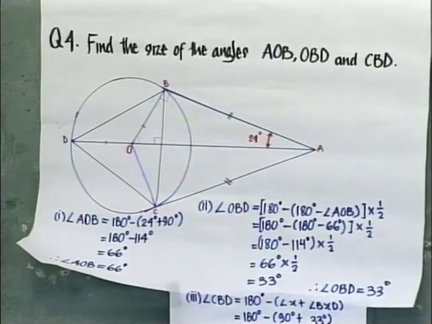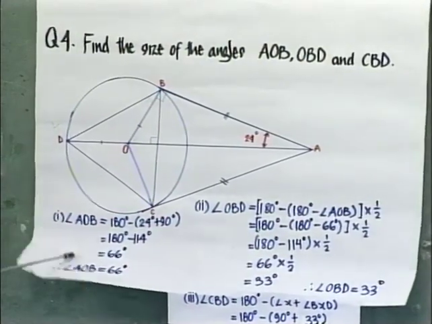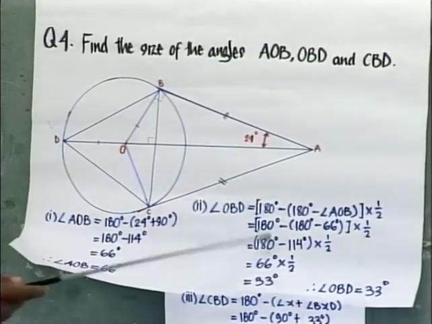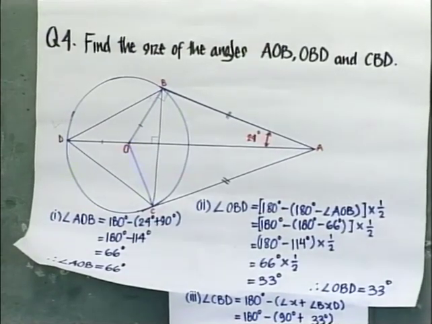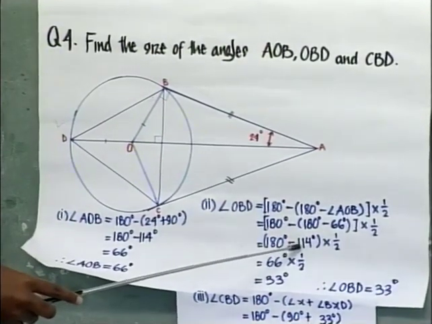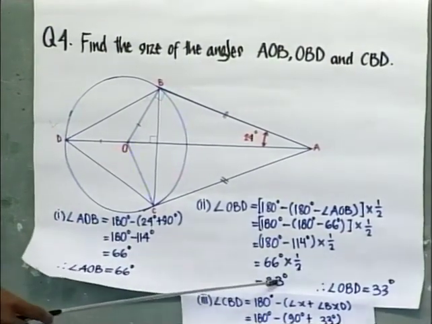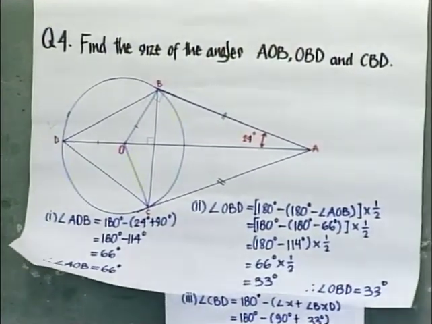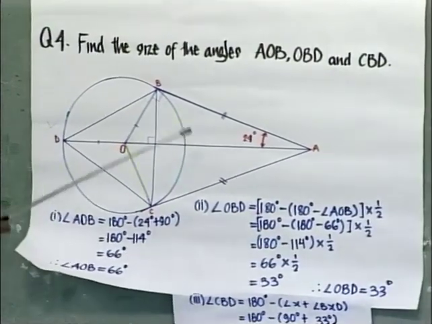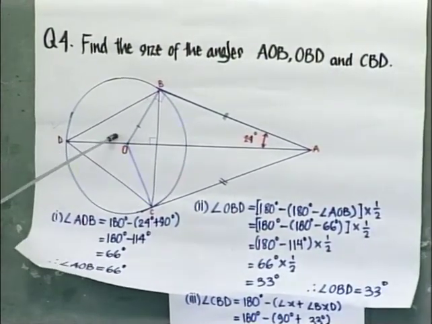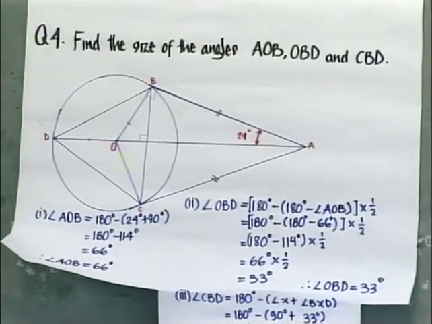This is an isosceles triangle. So 180 degrees minus 66 degrees is equal to 114. So 180 minus 114 times half is equal to 33 degrees. Therefore, angle OBD is equal to 33 degrees.